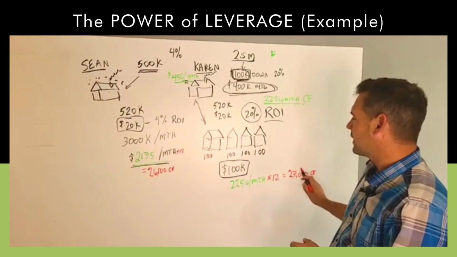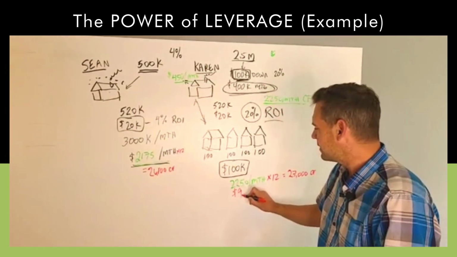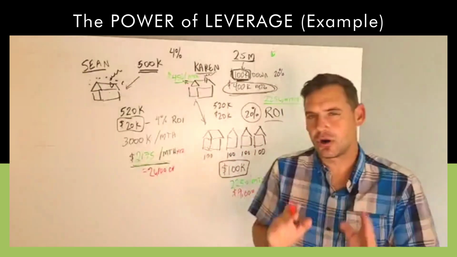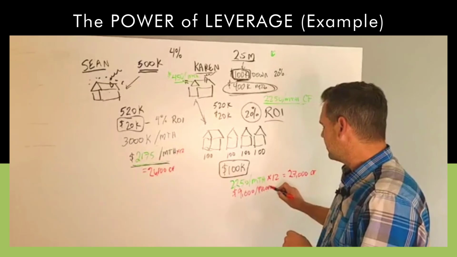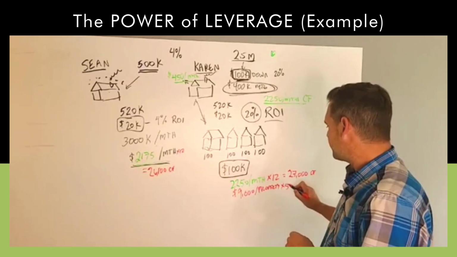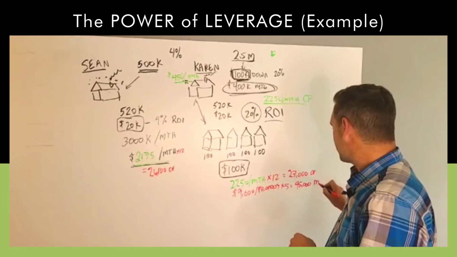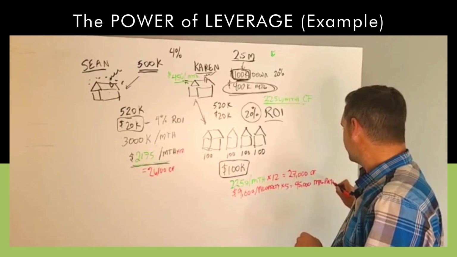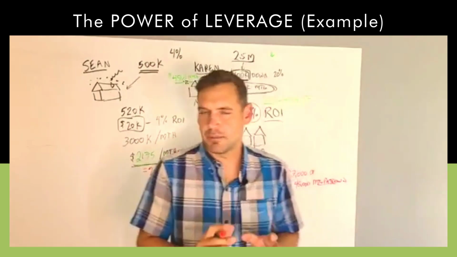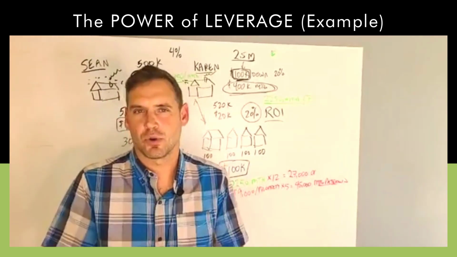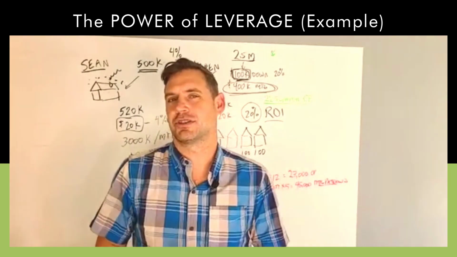So more for Karen than for Sean, but now Karen also has $9,000 per property, times 5 properties equals $45,000 in mortgage pay down. I don't know if you guys can see that on the board, but that's an important number. $45,000 in mortgage paydown that Sean does not get because he doesn't have mortgages on it.